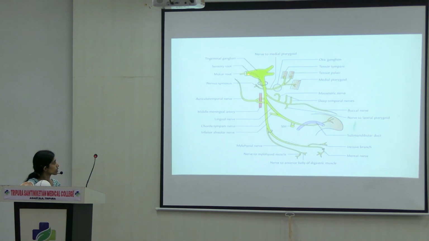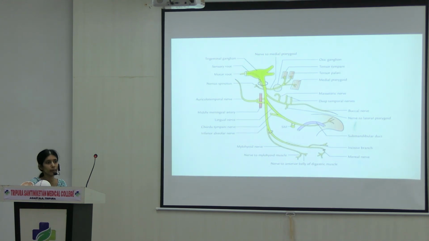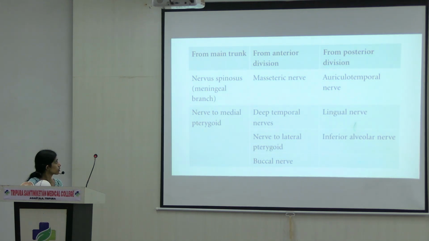You can see the sensory root and also the motor root of your mandibular nerve joining together to form the main trunk of the mandibular nerve. Again it will be divided into anterior division and posterior division, okay. So these are the nerves or branches of your mandibular nerve.